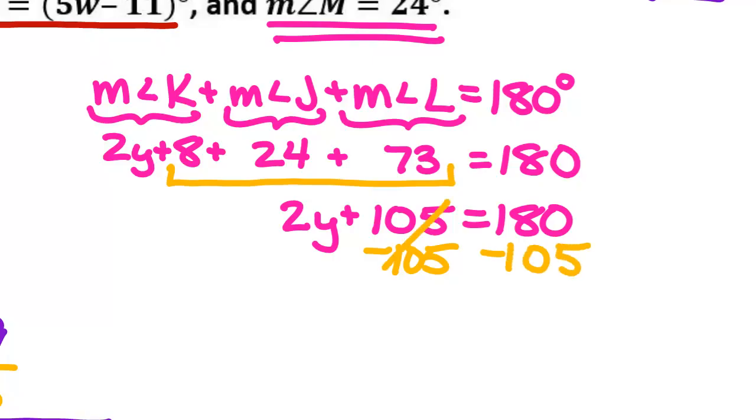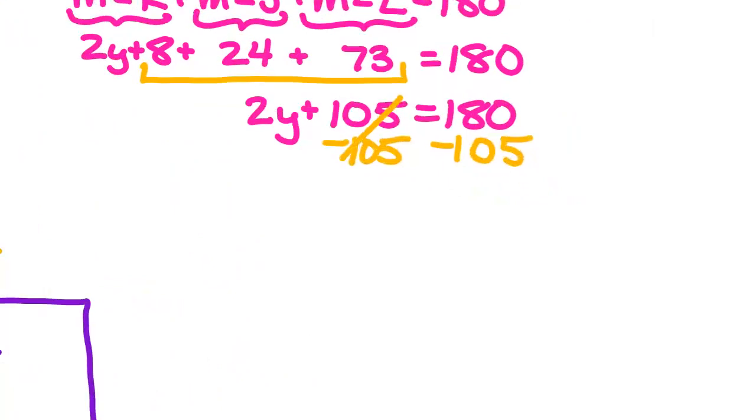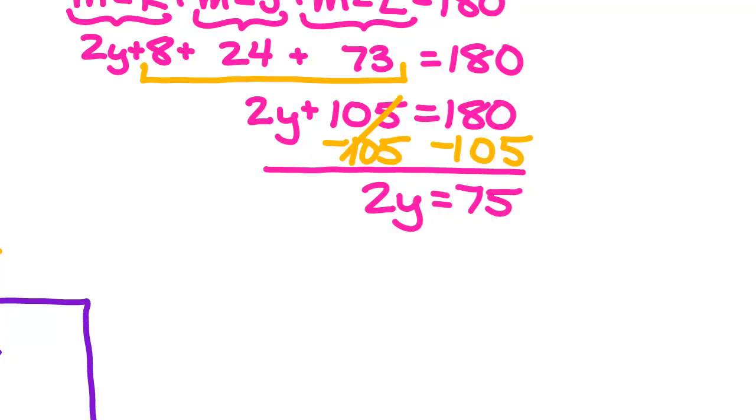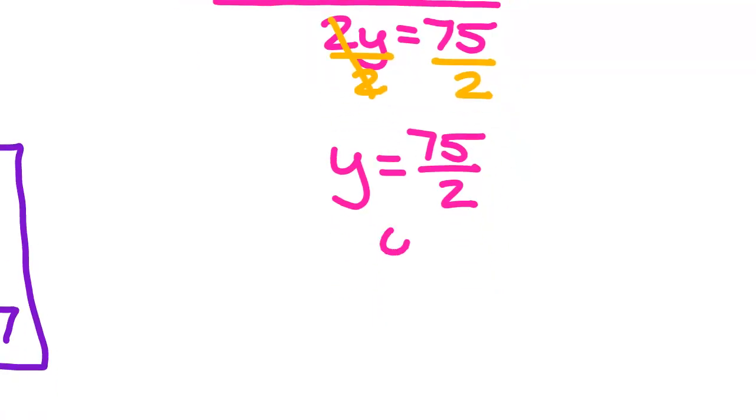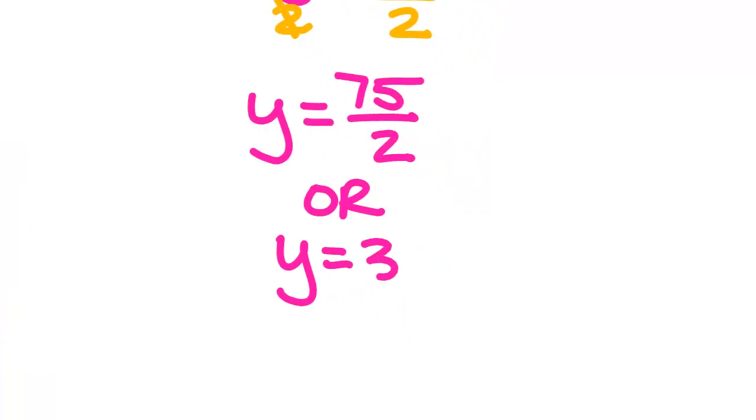What is 180 minus 105? 75. 2y equals 75. Then I divide both sides by 2. Will that go in evenly? No. So I can either leave my final answer as 75 over 2, or you can write it in its decimal form, which would be what? 37.5.